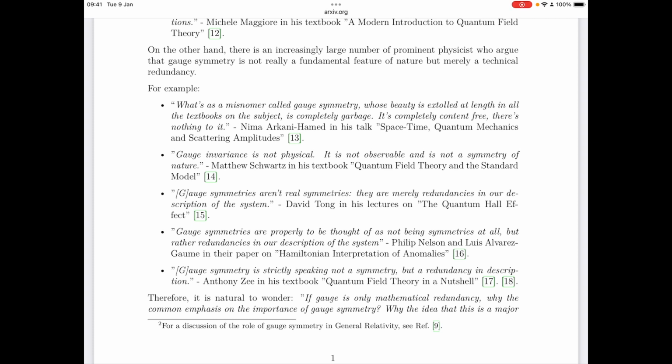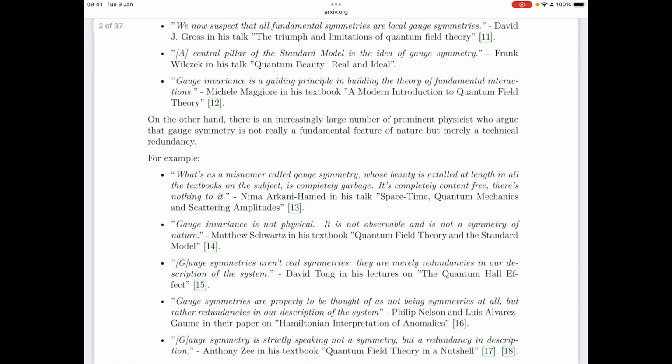And it makes me a bit nervous while he's saying such bad stuff about gauge invariance. People say gauge invariance is not physical, gauge symmetries are not real symmetries. I guess the main goal of Jacob's paper was to discuss such a big contrast between the opinions: why some physicists talk about gauge symmetries so much and why some of them say bad stuff.